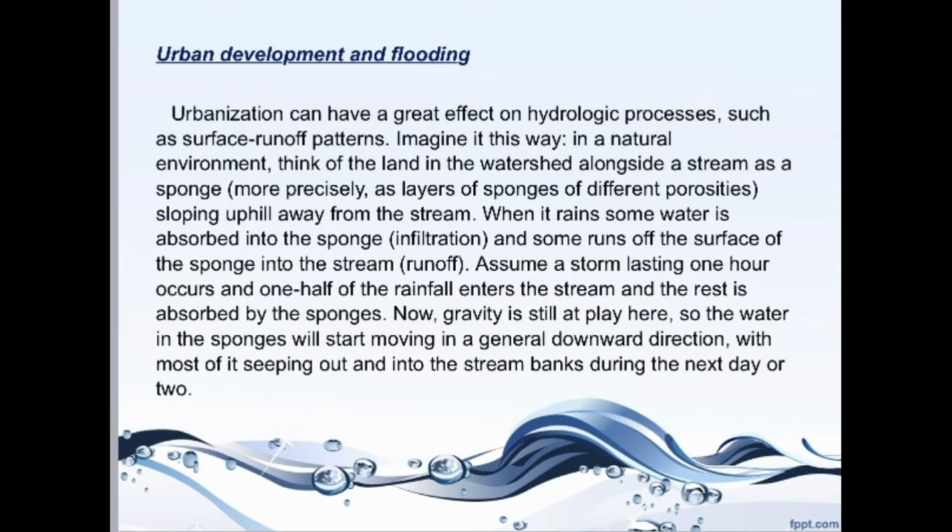Assume a storm lasting 1 hour occurs and one half of the rainfall enters the stream and the rest is absorbed by the sponge. Gravity is still at play here, so the water in the sponge will start moving in a general downward direction. So next, imagine that roads and buildings have replaced most of the watershed surface.